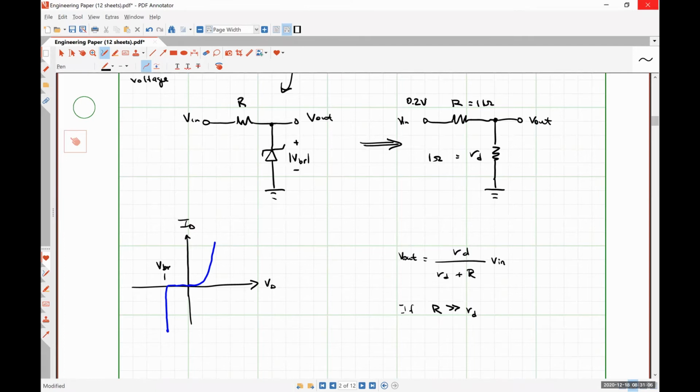What would our output voltage be? Yeah, so it would be 1 ohm over 1001 ohms times that 0.2 volts is approximately 0. That's how our Zener diode effectively pins our voltage to being a constant value.